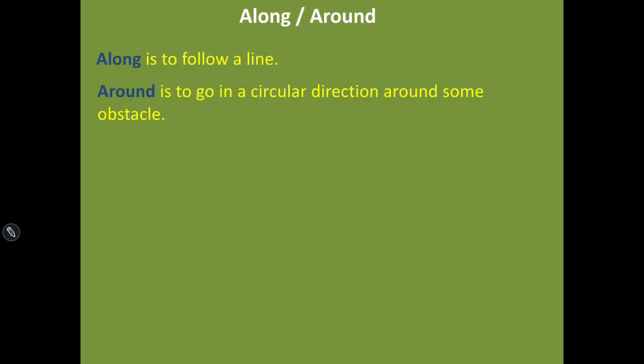Whereas around is to go in a circular direction around some obstacle. The difference between these two is of movement. Along is in a line, whereas around is in a circular direction.